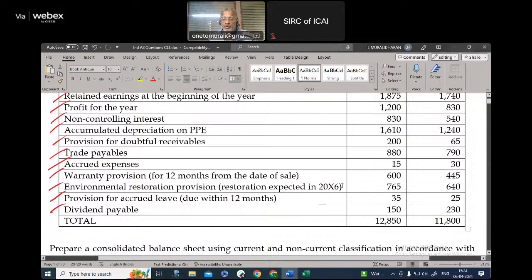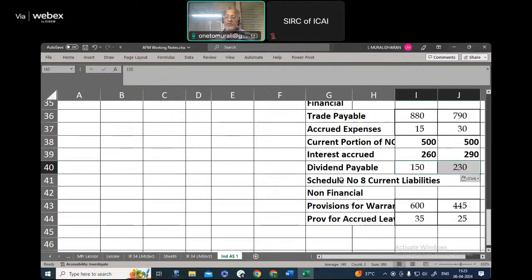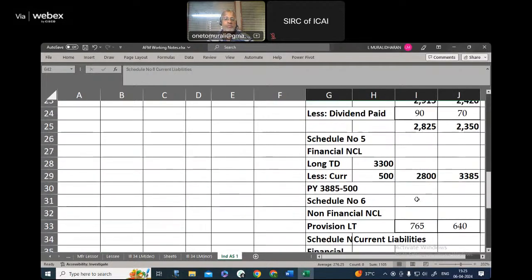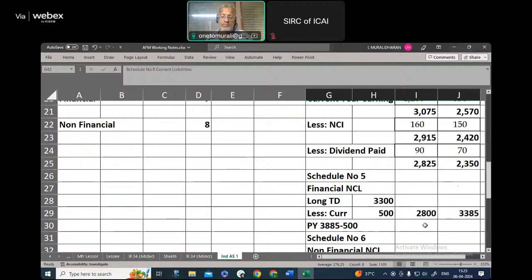So now let us take up dividend payable. Now let us affect the total. Non-financial, financial we have taken up.